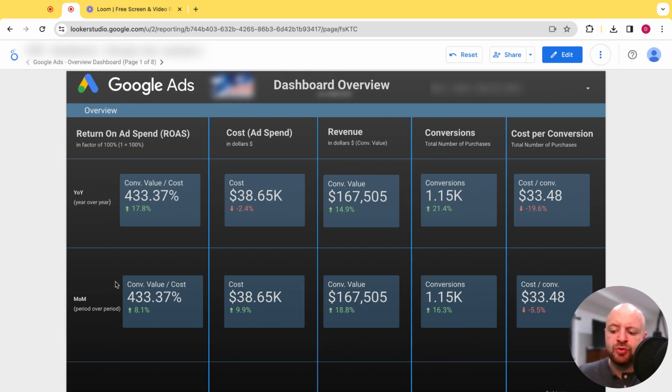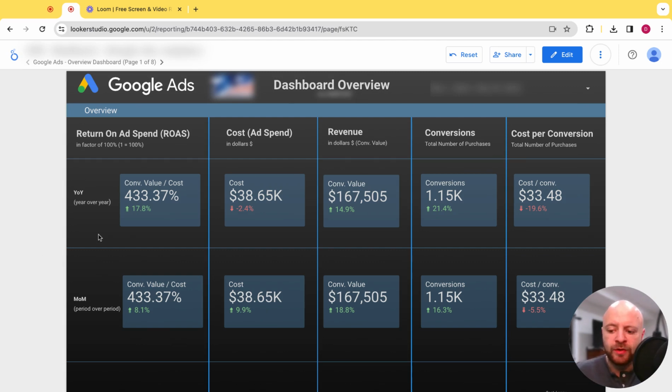So I have 2 rows here, 5 columns. We have a year over year row to see how we're pacing year over year, and then a month over month row to see how we're pacing month over month. And that way we could see the most important metrics, both how we're pacing from last year and last month, to benchmark ourselves. Did we improve? Did we not improve? So on and so forth.